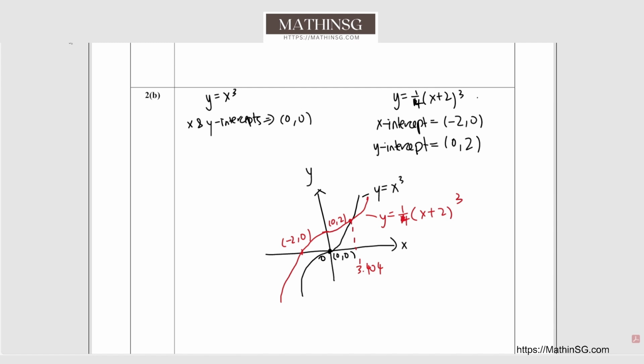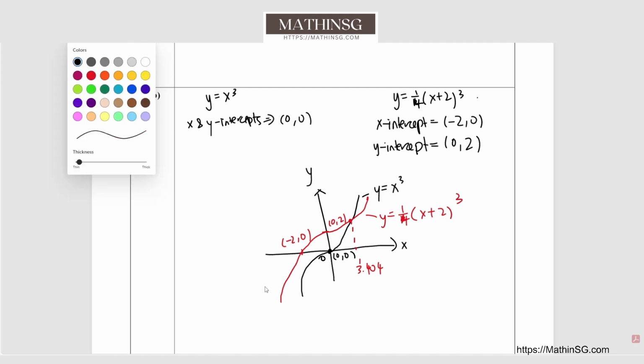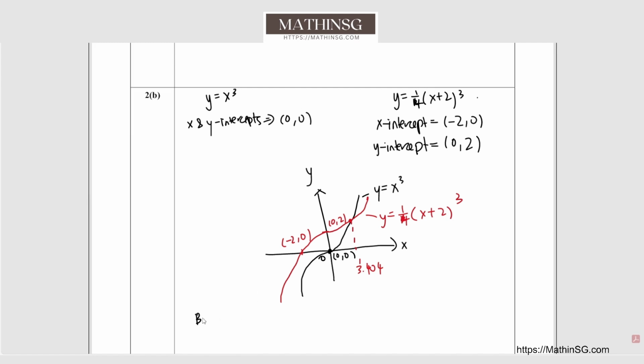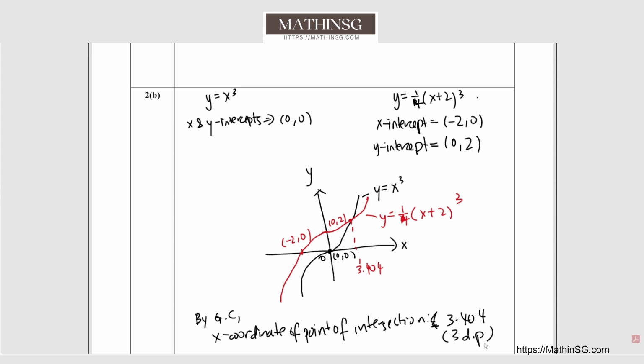Then I need to put in what the question asks for. By GC, the x coordinate of the point of intersection is 3.404 when corrected to 3 decimal places. So this is a very GC question.